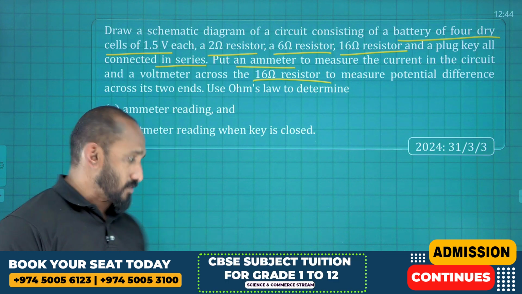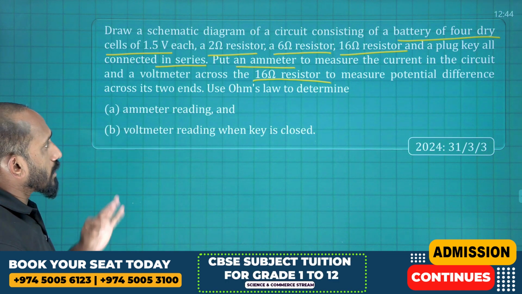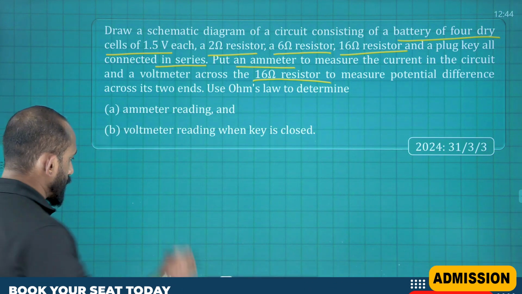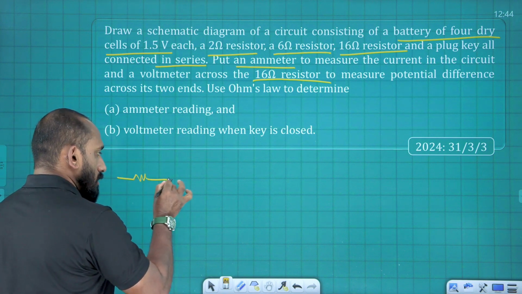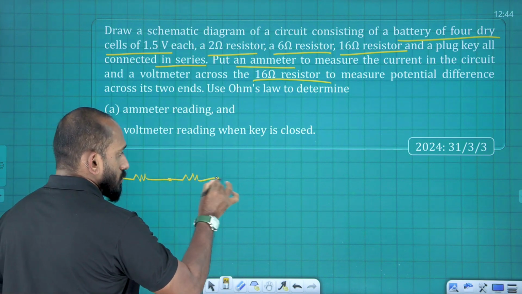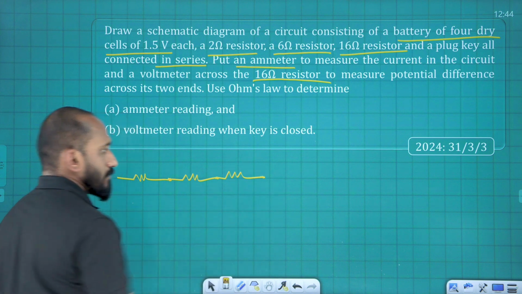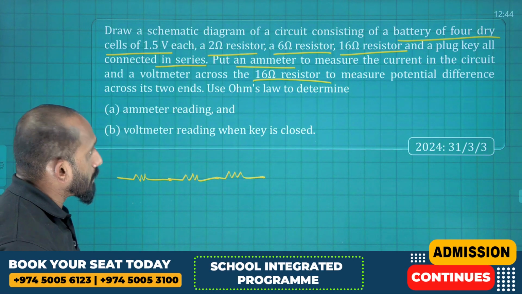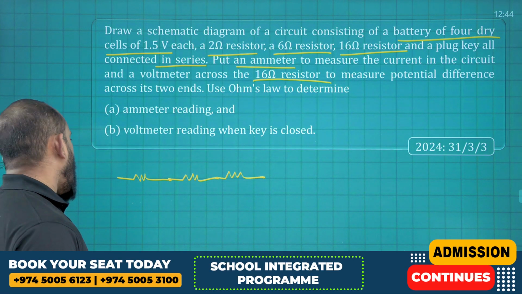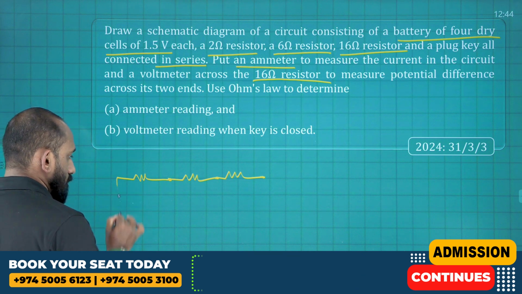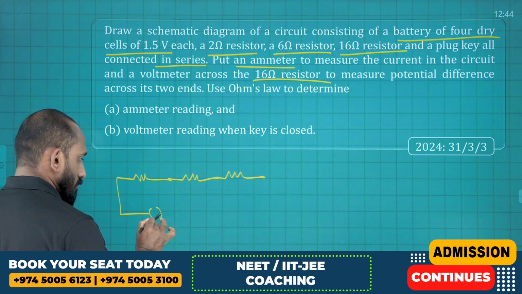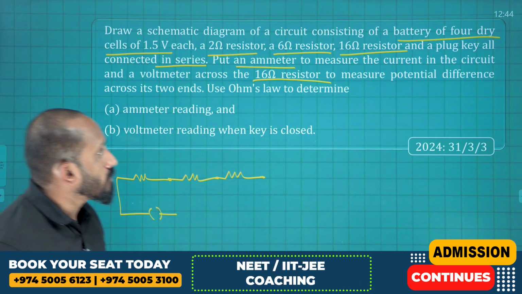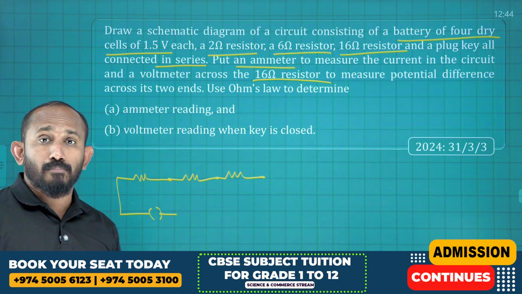So let's draw the figure first of all. Here 3 resistors are in series: 1, 2, 3. Then there should be a plug key and 1 ammeter. Then a battery of 4 dry cells of 1.5 volt each.